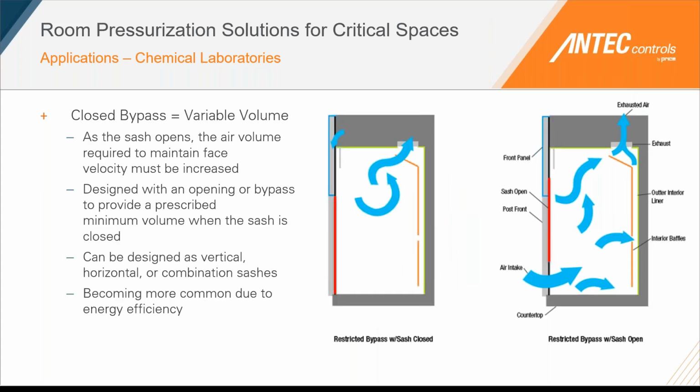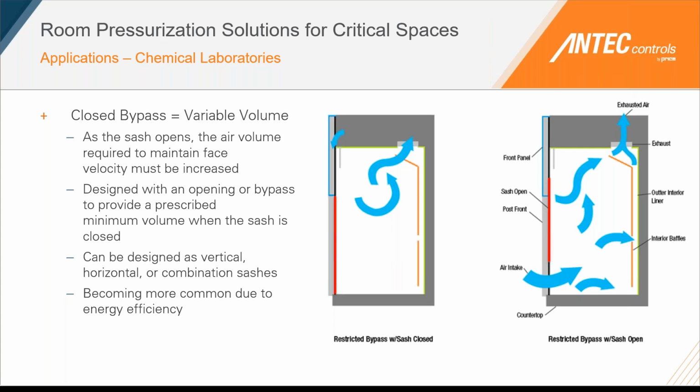The problem with open bypass fume hoods and constant volume hoods is the energy consumption. So more commonly these days, you are going to see most fume hoods designed with a closed bypass. Essentially what this means is the airflow will vary depending on the sash position. As that sash starts to open, the accompanying air valve or airflow is going to increase in order to maintain our face velocity set point and essentially maintain our containment.